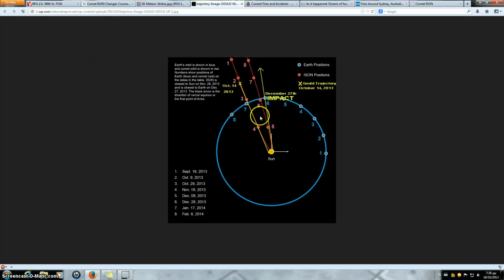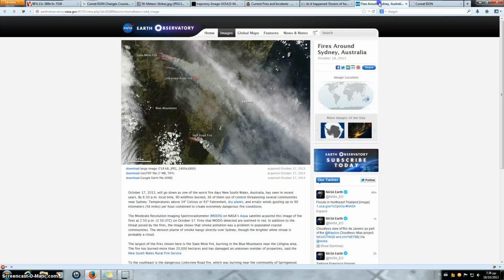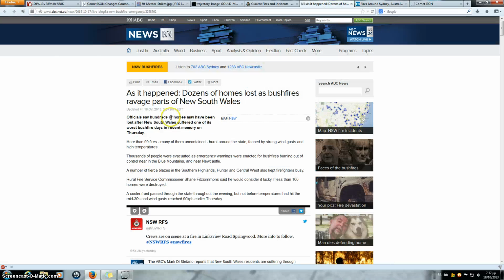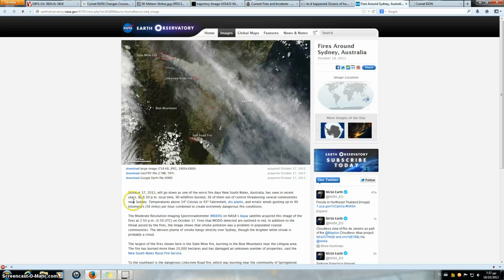Okay, on a side note, I'm sure you guys are aware that there have been some fires raging on in Sydney, some wildfires. As it happened, dozens of homes lost as bushfires ravaged parts of New South Wales. I'm not going to read these articles. You can go and have a look at them.